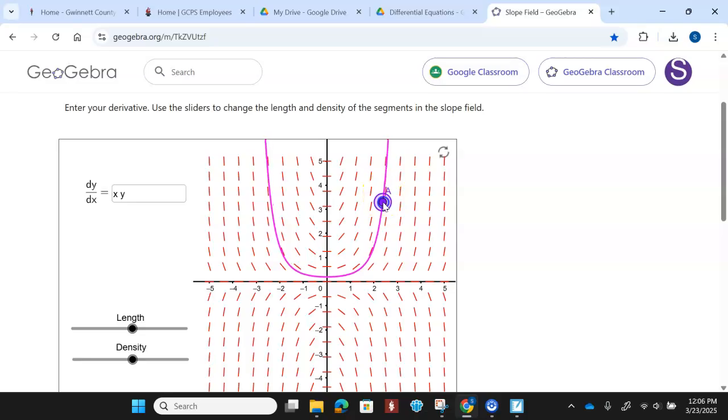Notice as we change the point A, we're changing our C, and notice the graph changes as well. So again, there's all these different solutions. The slope field just shows the direction, right? The current of our graph here, of what A is, when it changes, what C is, and changing our slope here.